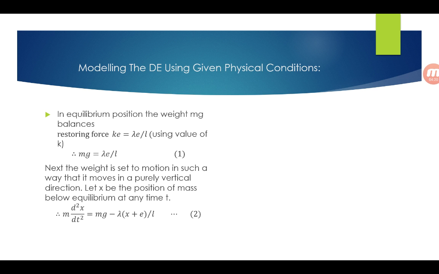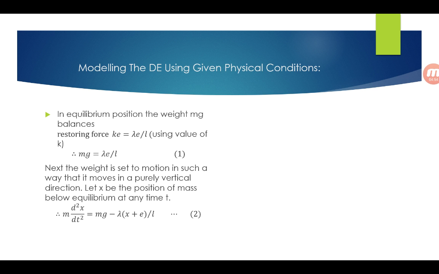Mass is m. So m into d2x by dt square is equal to the sum of the force due to gravity and the restoring force. Here the force m into g is with a positive sign because the force acts in the downward direction, while the restoring force lambda times x plus E divided by L is with a negative sign because it acts in the upward direction.